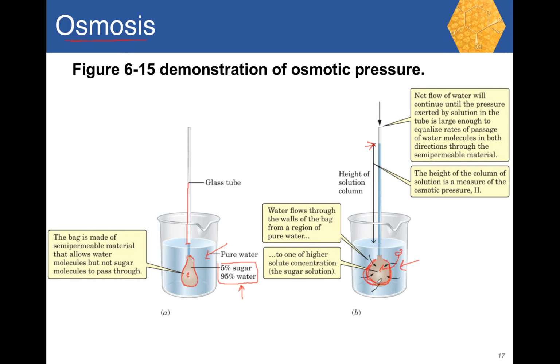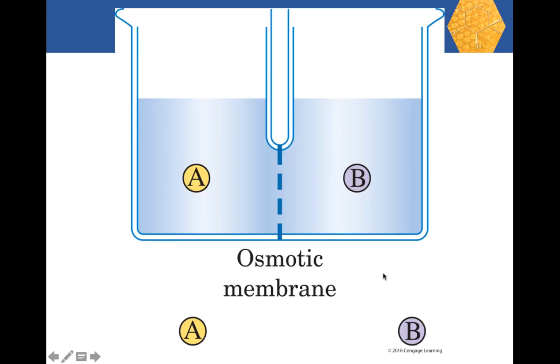So a semi-permeable membrane is one that allows solvent molecules, keyword solvent molecules, to pass through, go in or out. And if it goes in or out, that depends on the concentration of the two media. Let's see if we can explain that a little differently here.